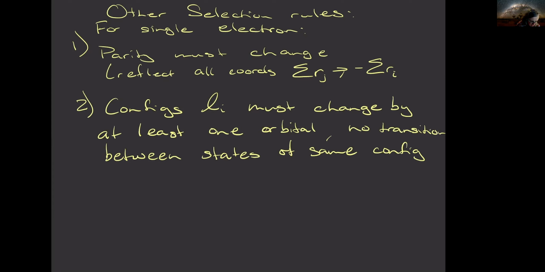In fact, for a one electron atom, the configuration must change by precisely 1. This is also known as the one electron jump rule.